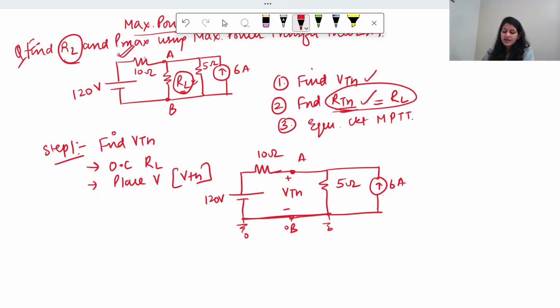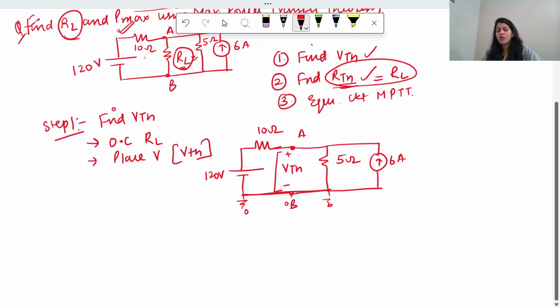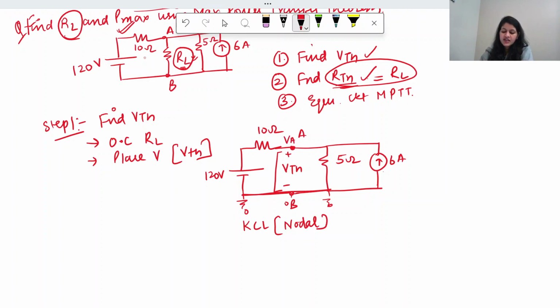So what do I mean by that? So this is VTH, right? So if I want to calculate the value of VTH, let's say we try to analyze it with the help of KCL, or nodal at the point A. So we consider this voltage as VA, which will be equal to VTH, because VA is also VA with respect to 0, and this point is plus VTH with respect to 0, right?